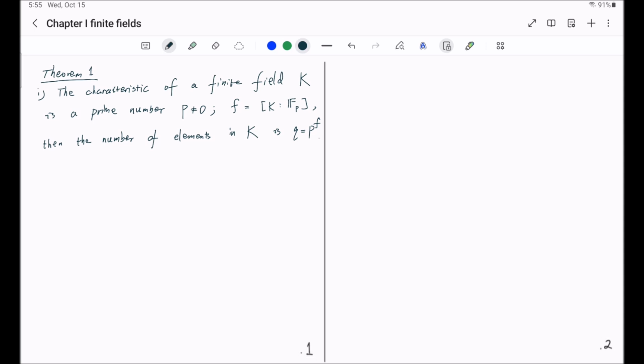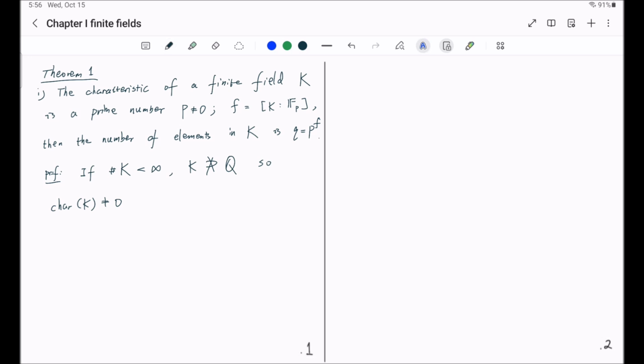This part of the theorem is easy to prove. If the cardinality of K is finite, in particular, K cannot contain a copy of the field of rational numbers. So this means the characteristic of K is not equal to 0.